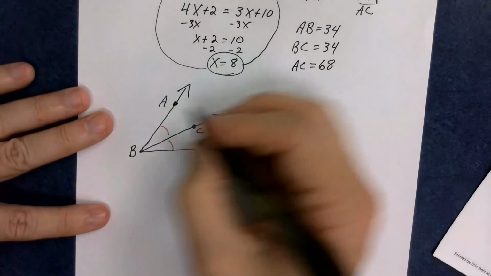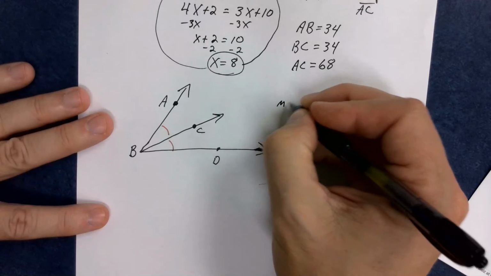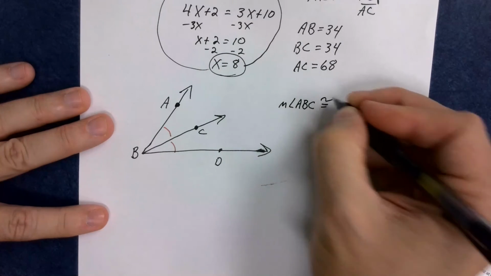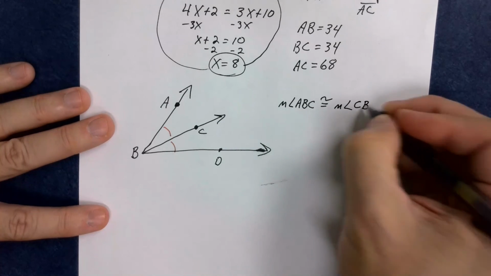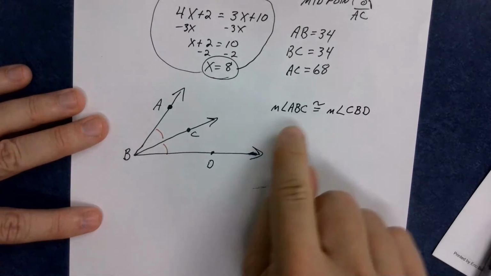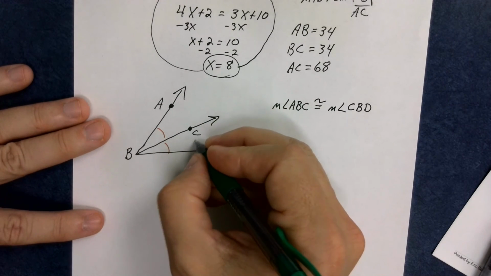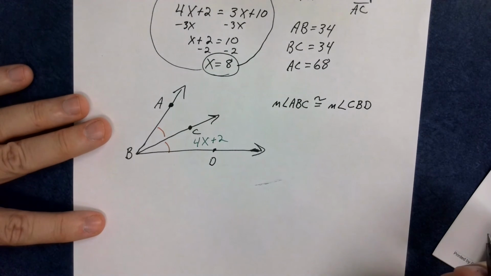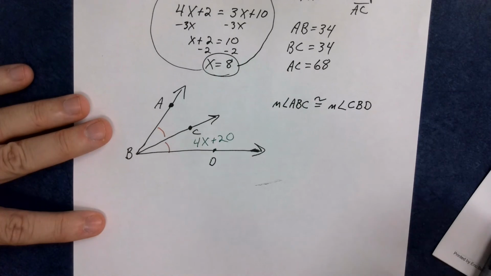And I would know based on those little tick marks, those little arc marks in there, that the measure of angle ABC is congruent to the measure of angle CBD. That those two things are equal. Now, if this was 4x plus 2, let's make it 4x plus 20, 4x plus 20.